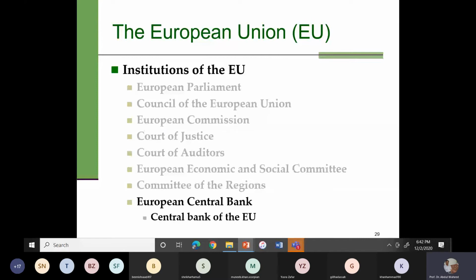What is the currency of this central bank? Do you know? What is the currency of the European Central Bank? Euro. Euro, yes.